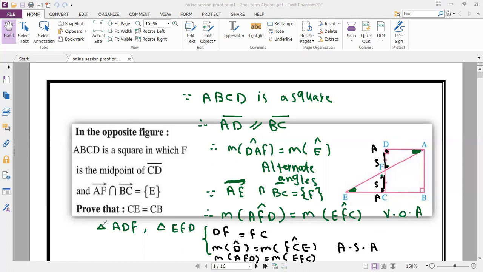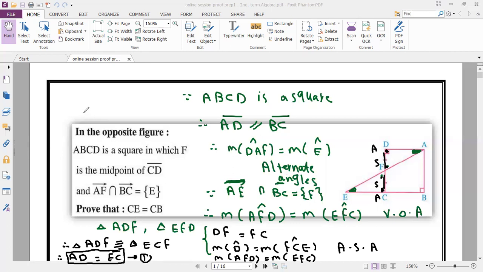So triangle ADF is congruent to triangle ECF. And from congruency, we deduce that AD is equal to EC. This is number one.